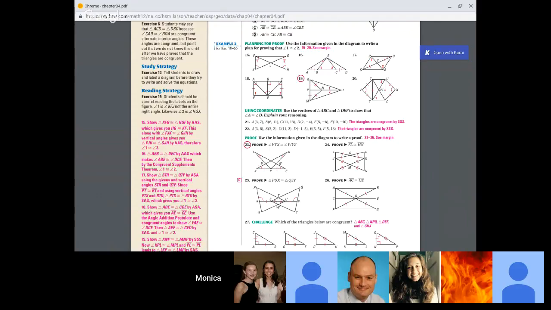And we see that they both have right angles here, and they both have congruent angles there. So they each have two congruent angles. And then when we look at that, we also see that they have a congruent side because FG is shared between the two triangles. So angle, angle, side proves that those triangles are congruent.